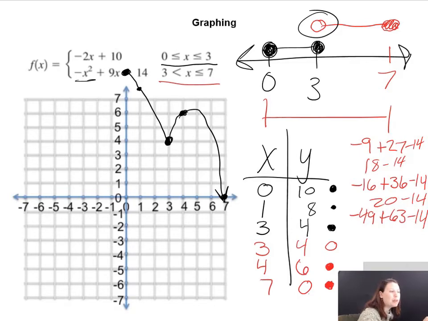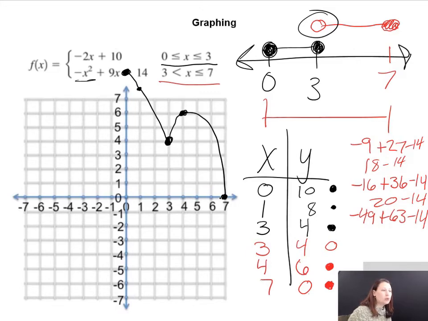Now notice I put an arrow there. I shouldn't have, right? Because it stops there. So I'm going to erase that part of it and just join it right here because it stops at 7, so I shouldn't have put an arrow. If it just went on for infinity, just 3 is less than x, well, then we go on forever after 7 even, okay?